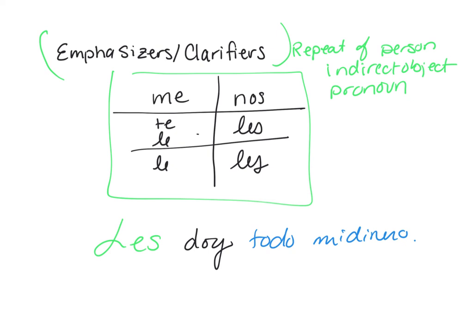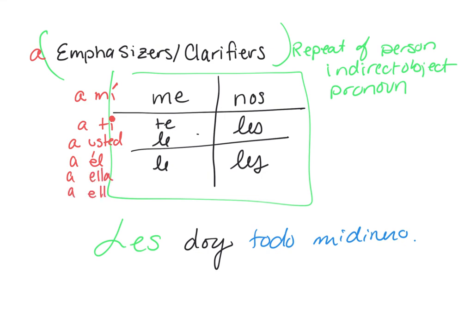And the important thing, the emphasizer clarifier always starts with an a, okay? So the emphasizer or the clarifier for me would be a mí, this one has an accent. For tú, it's a ti, no accent. And then for everybody else, your emphasizer or clarifier is a plus the same subject pronoun that we had before. So we have a usted, a él, a ella.